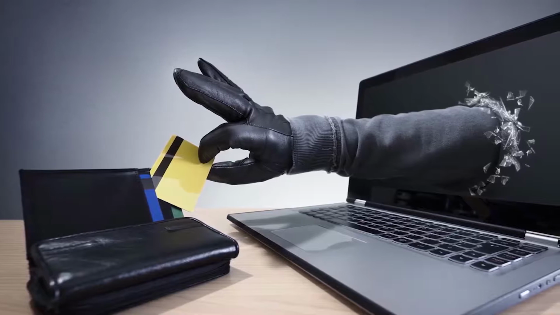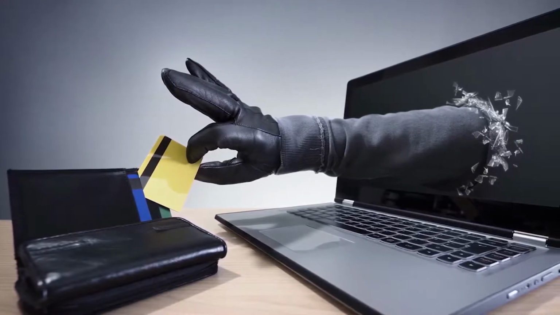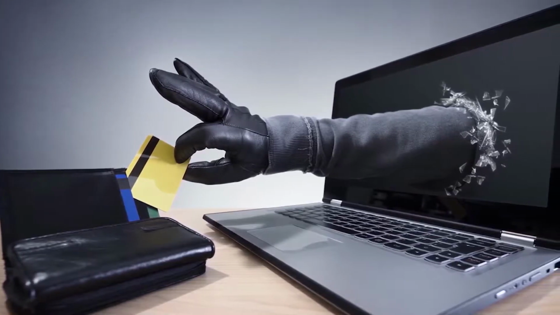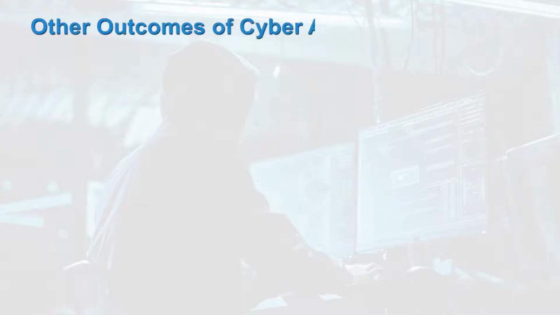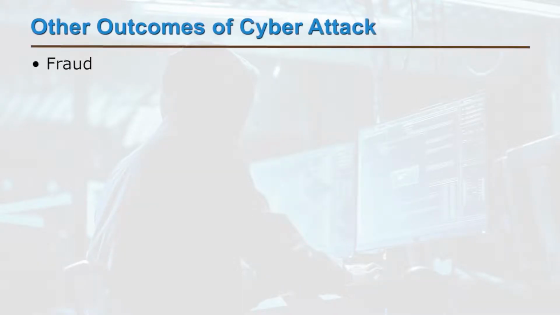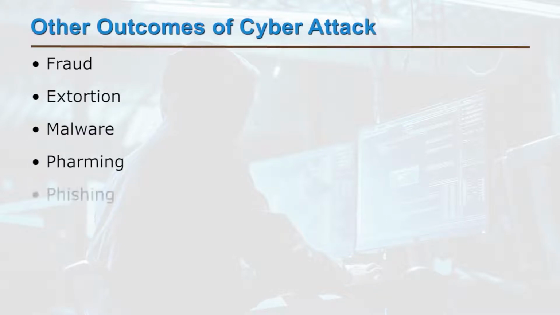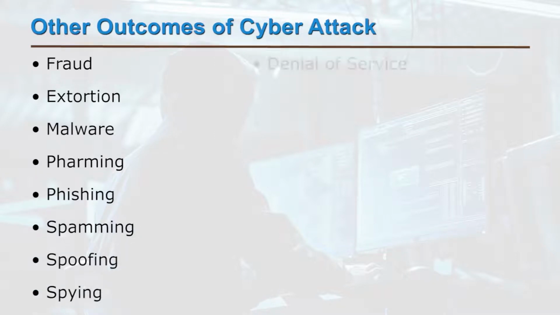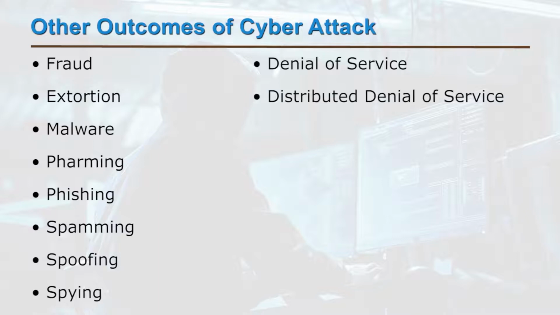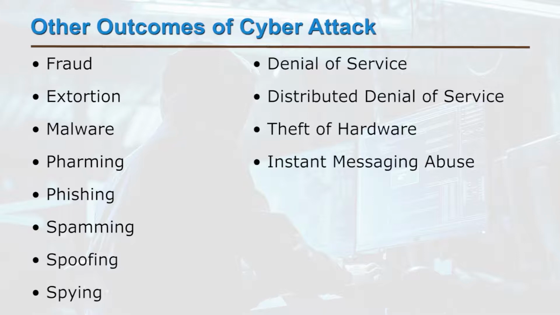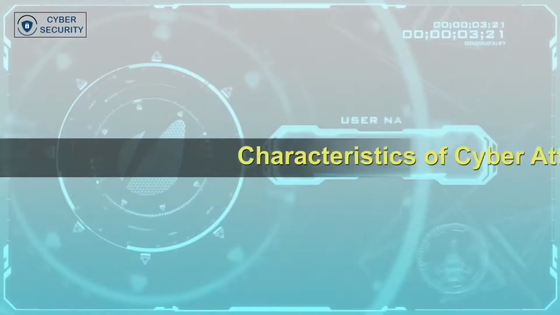The compromised data leads to cyber crimes such as information and identity theft and other outcomes such as fraud, extortion, malware, pharming, phishing, spamming, spoofing, spying, denial of service and distributed denial of service, theft of hardware, instant messaging abuse, and sometimes other intellectual property theft.